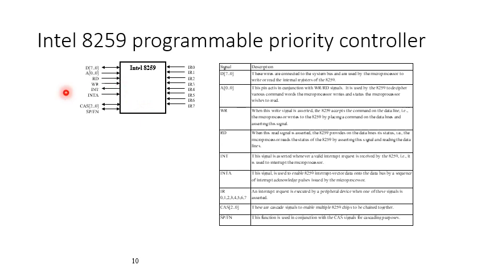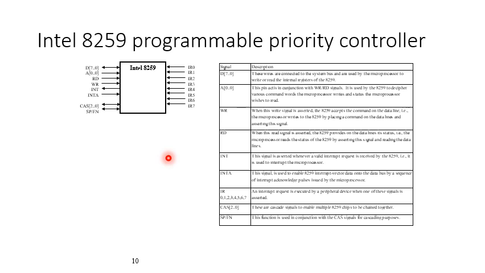Finally, we have SP/EN, which is used in conjunction with the CAS connection for cascading purposes, for enabling and controlling the chip connected in cascade with this chip.